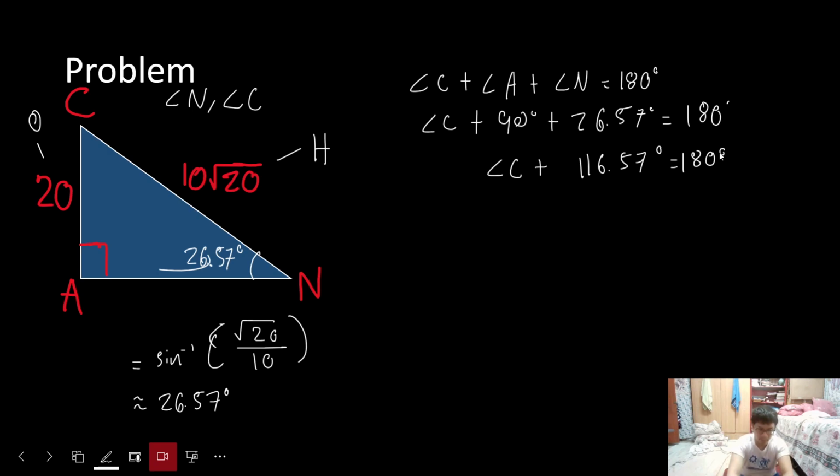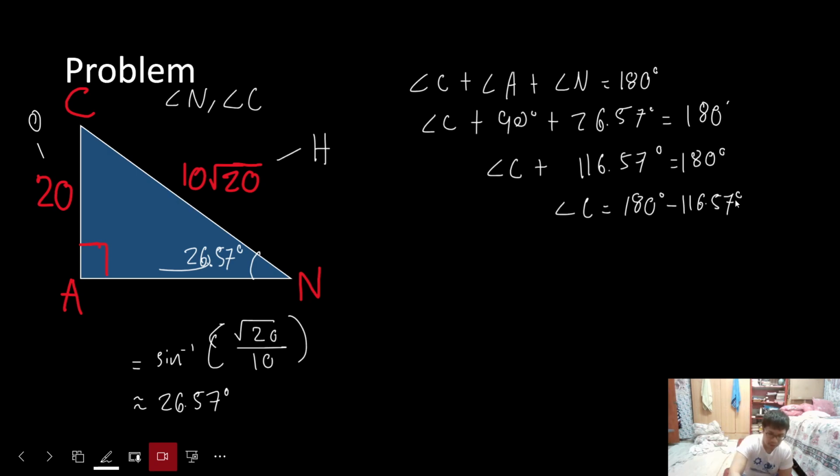Am I right? Wait. 90. Just making sure, guys. I don't want to jump to conclusions that easily. Okay, it's correct. Now transpose 116.57 to the right. So angle C is equal to 180 degrees minus 116.57 degrees.